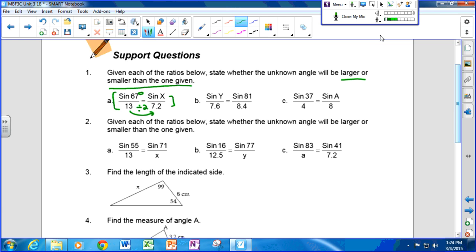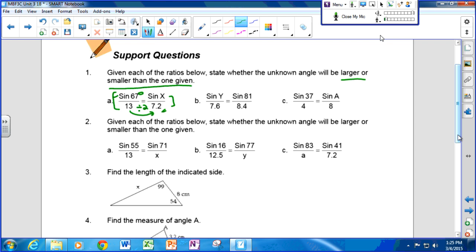So what do you think the angle would be? Because remember the 7.2 divides into this angle, so that sine x has to be about twice as big as this sine 67. These are really tricky questions, to be honest with you. Anyway, I'm going to let you work at that.